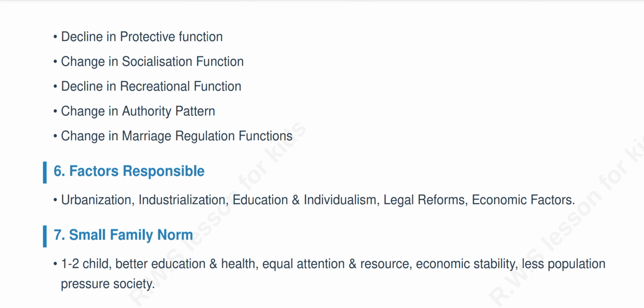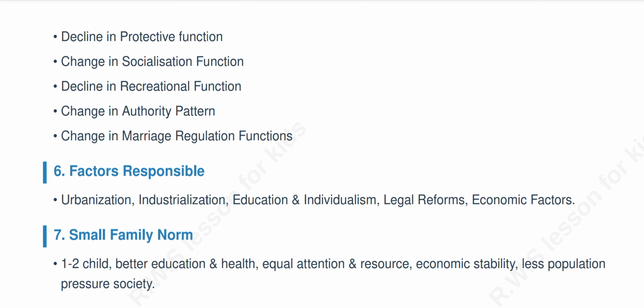Next one is change in the socialization function. Now this particular function is also handed down to schools and YouTube. Then decline in recreational function, which I already told you about. Change in authority pattern, I told you already.